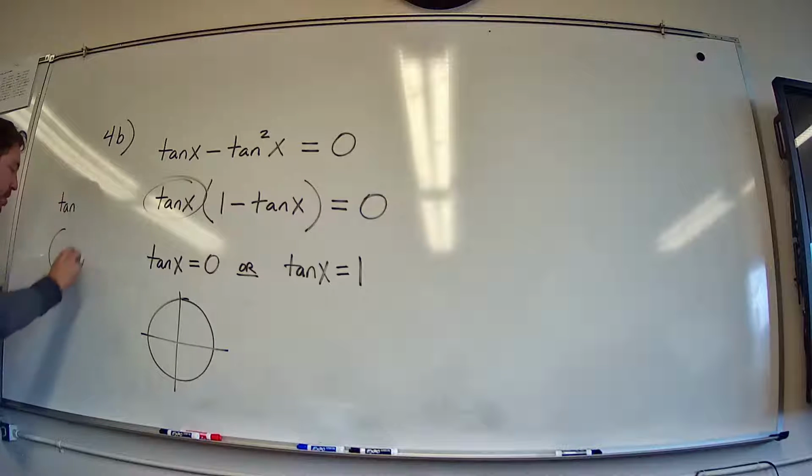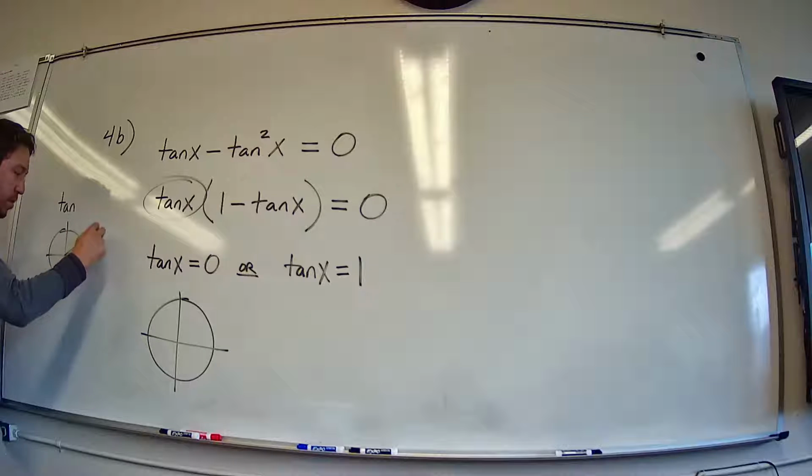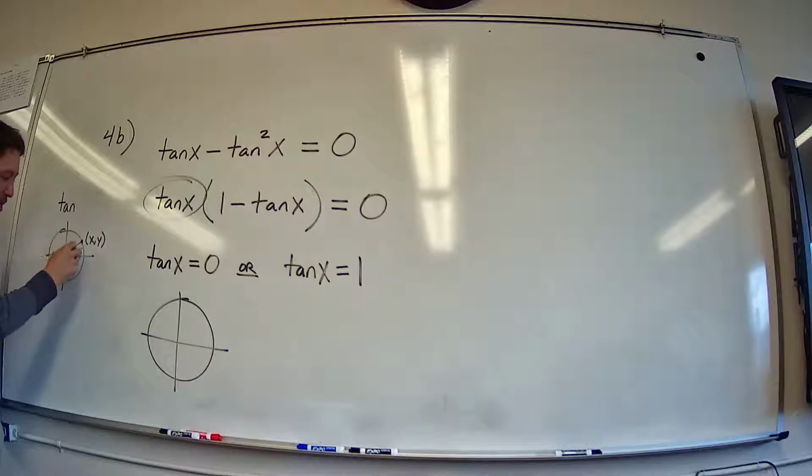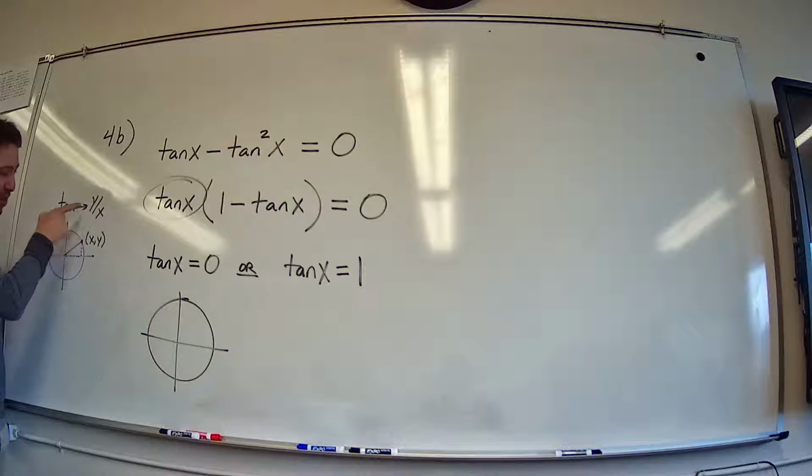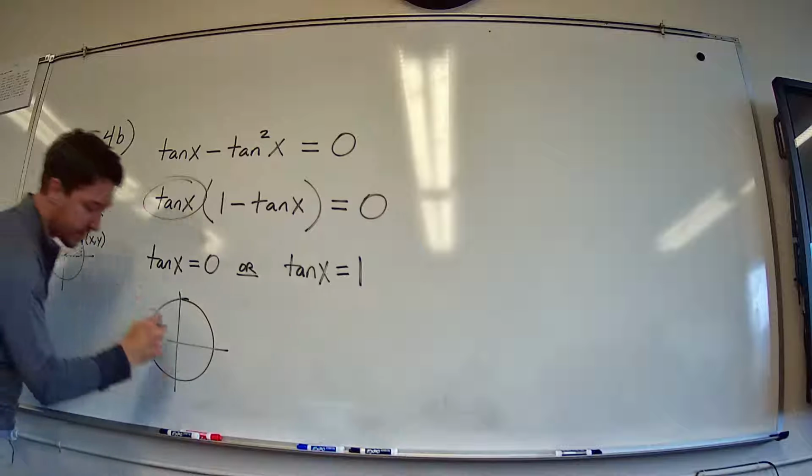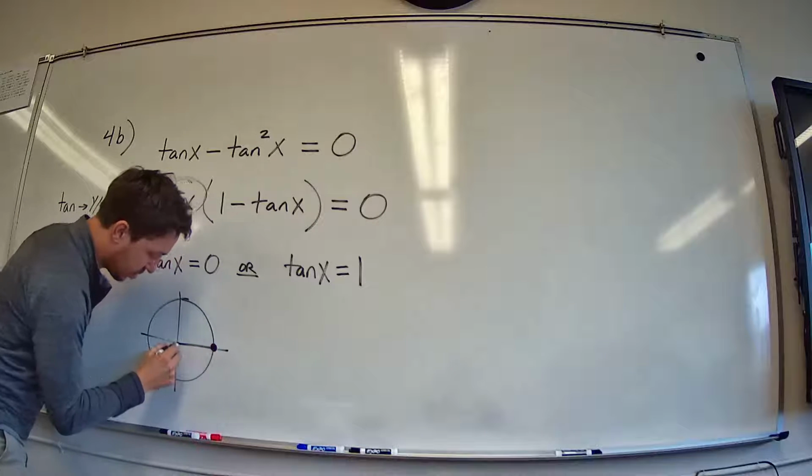Keeping in mind that, back to the original unit circle, on a unit circle there's an x and a y, and the tangent is given to us by the opposite over adjacent, so it's the y over the x. So it's anywhere where the y value of your point is 0. So where's that? 0 and pi.